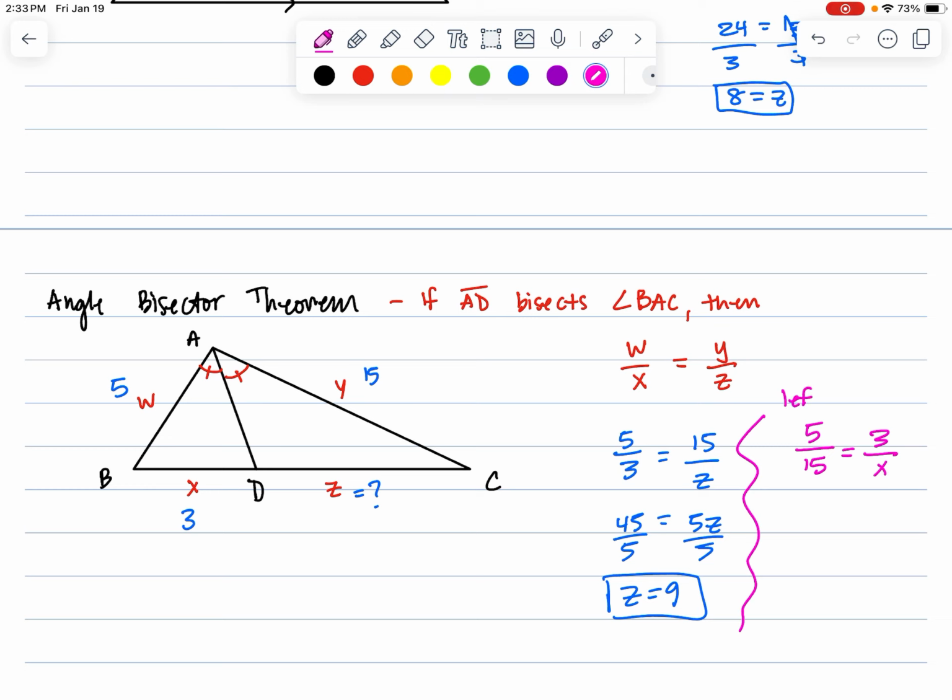So this is my left to right. Just make sure they're corresponding accordingly. Okay, so you could always do it like this as well. Simplify this, you get 1 over 3. 1 times X is X, 3 times 3 is 9, and you get the same answer. Actually, that should be a Z, but you get the idea.